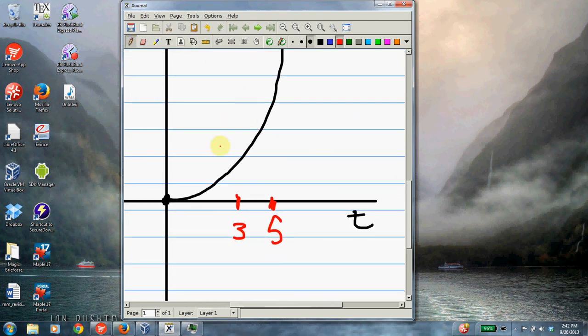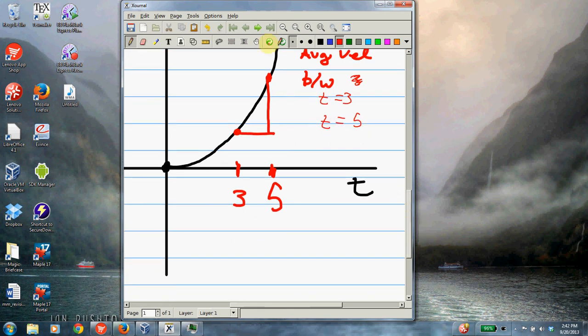Now, the definition of average rate of change is change in y over change in x. So it's just rise over run. So the average rate of change, or the average velocity in this case, between t equals 3 and t equals 5, is just the slope of this line that connects these 2 points, the slope of the secant line.